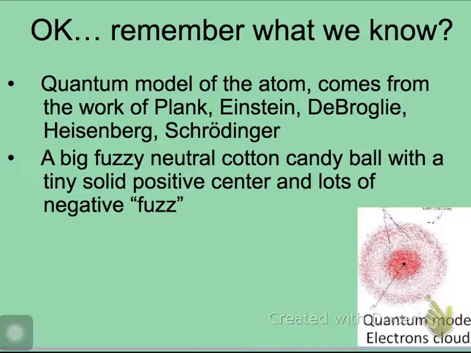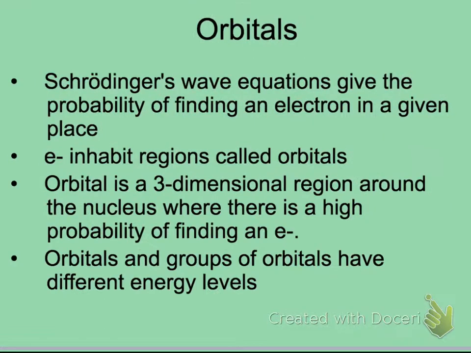Okay, so now that we've established that, let's recall that Schrödinger's wave equations describe three-dimensional regions of space, and that those regions are areas where there's a high probability of finding an electron. These three-dimensional regions are called orbitals.